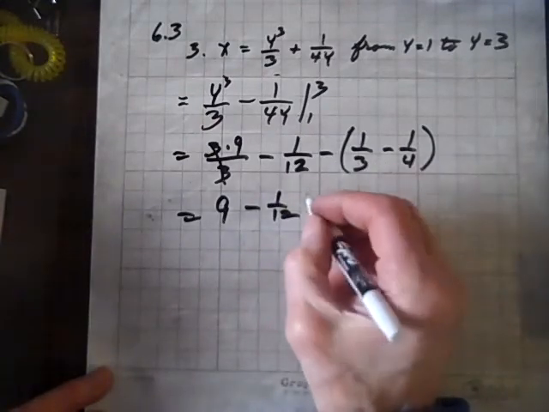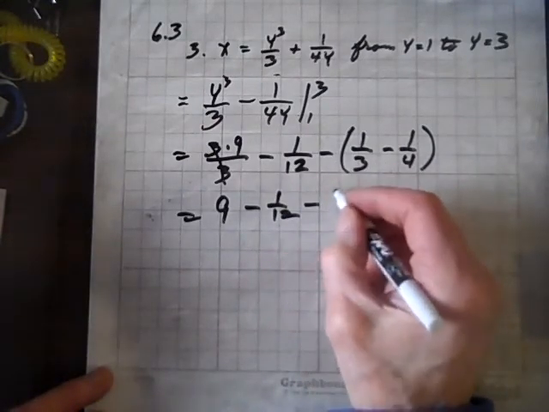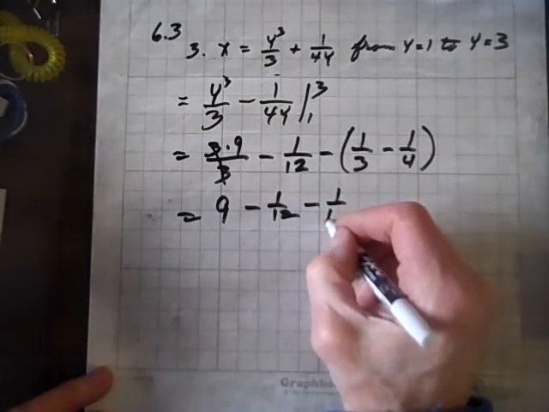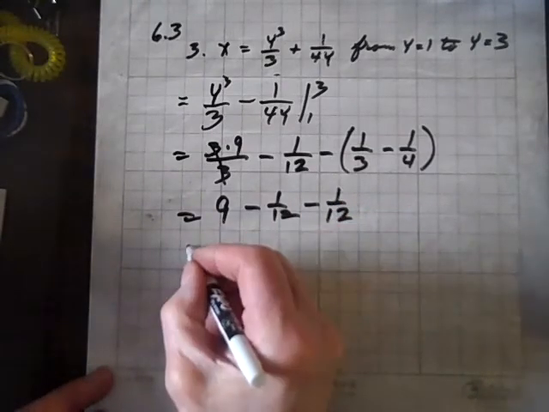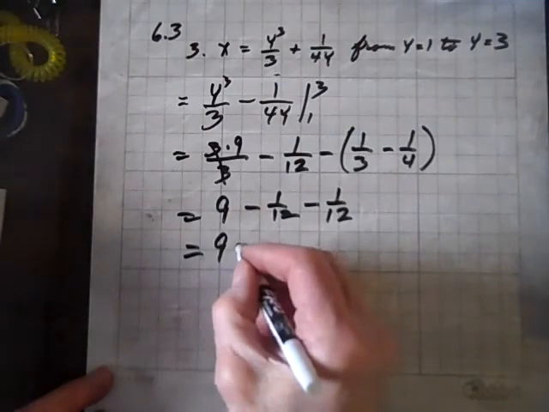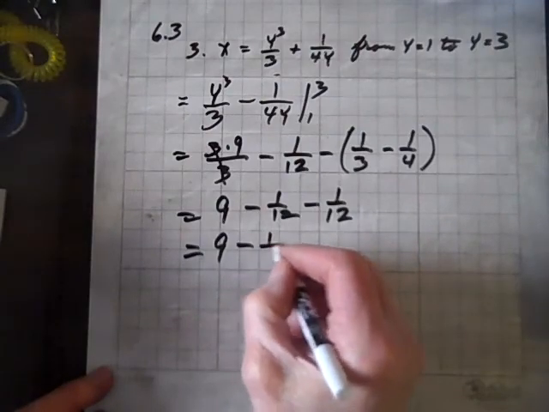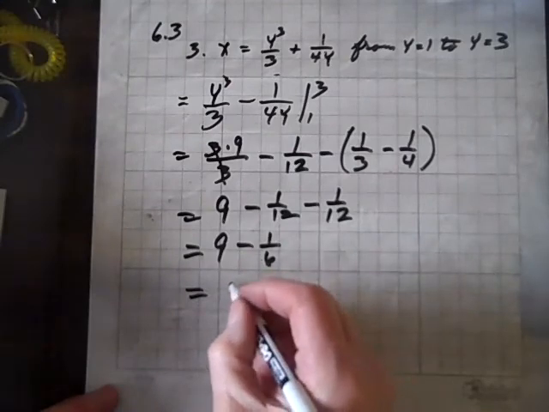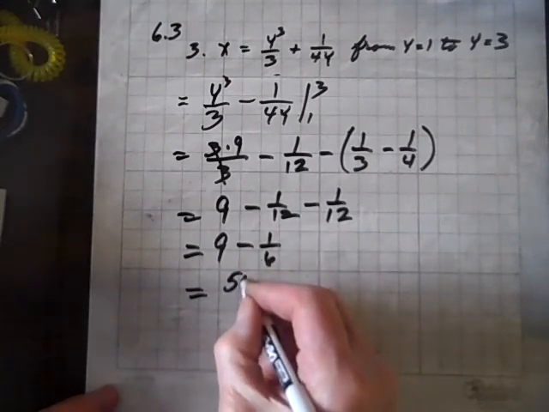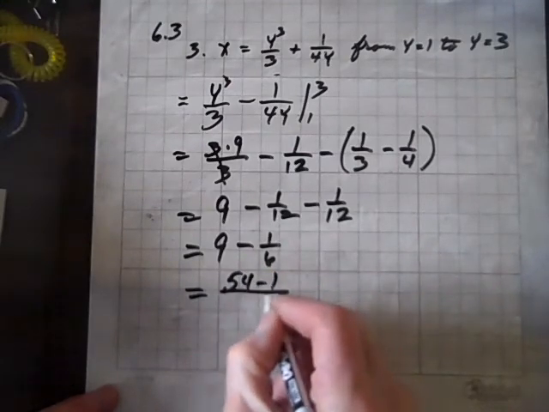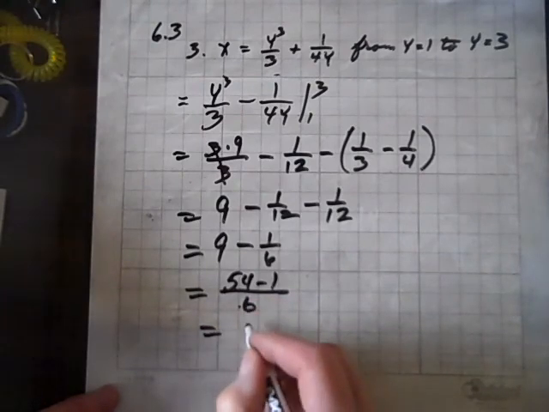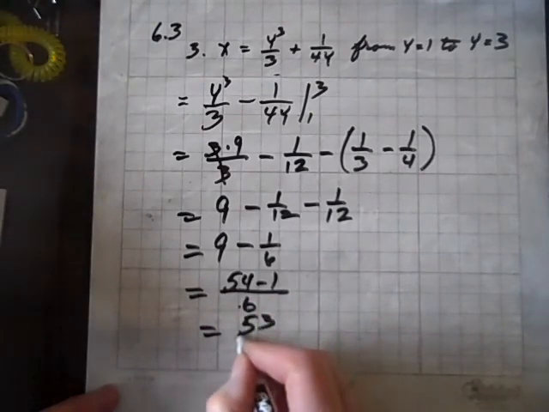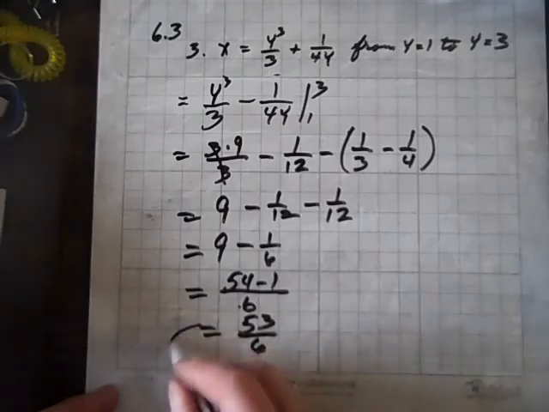And when we add these up and put a negative sign in front of them, we get another negative 1/12. So that's going to be 9 minus 1 over 6, which equals 54 minus 1 over 6, which equals 53/6. And we're done.